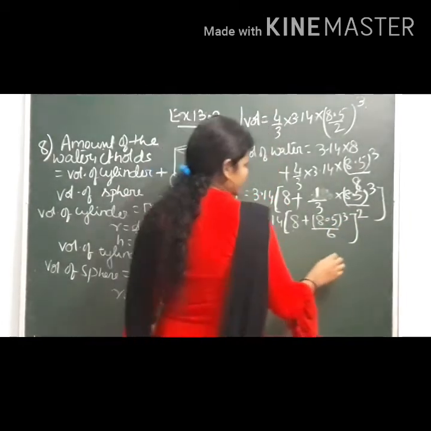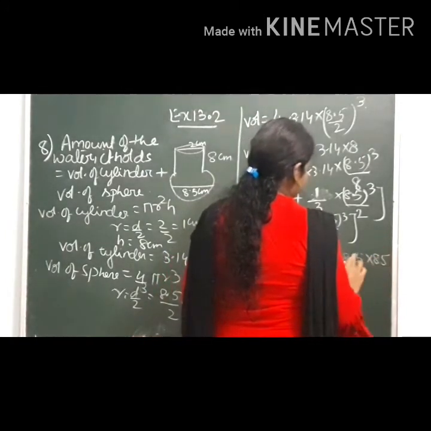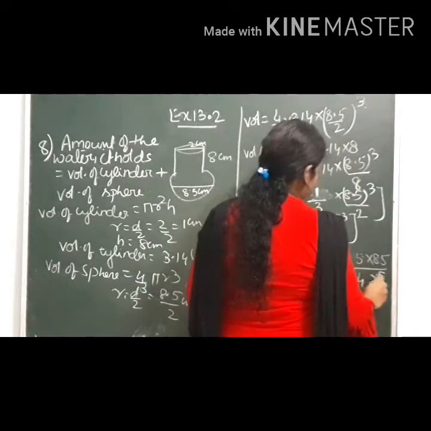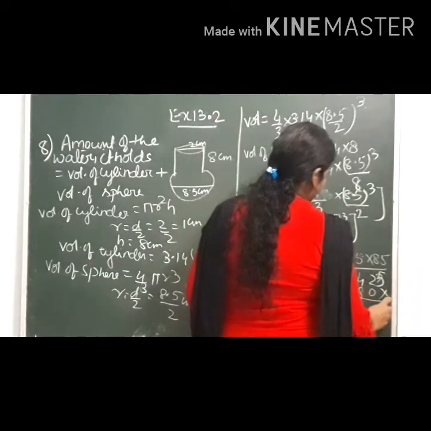Now what is 8.5 cube? 8.5 into 8.5 gives 72.25.